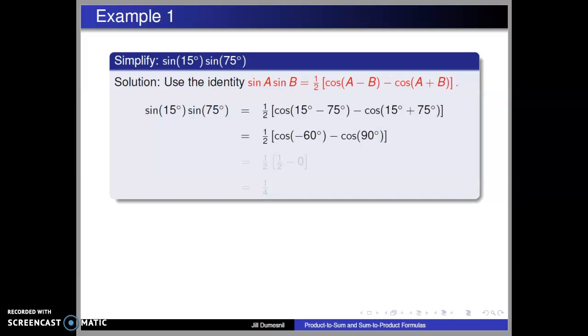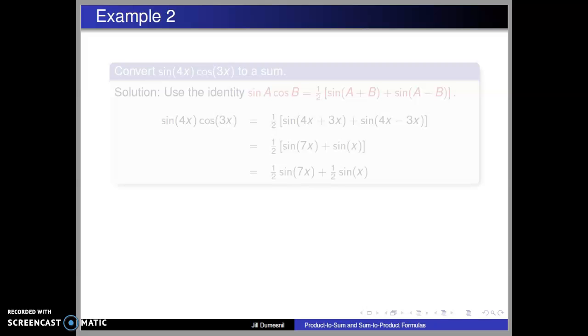We simplify and note that both 60 degrees and 90 degrees are special value angles. Finally, we simplify to get that sine of 15 degrees times sine of 75 degrees equals 1/4.